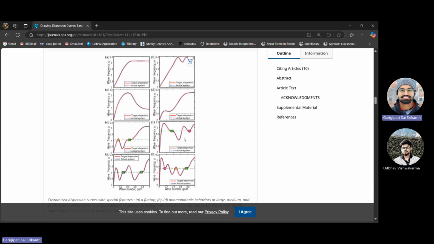Yeah, interesting. Definitely interesting. I would maybe look at some really simple long range dimer, and if you could show that this is how the bands touch and what the effect of it is.